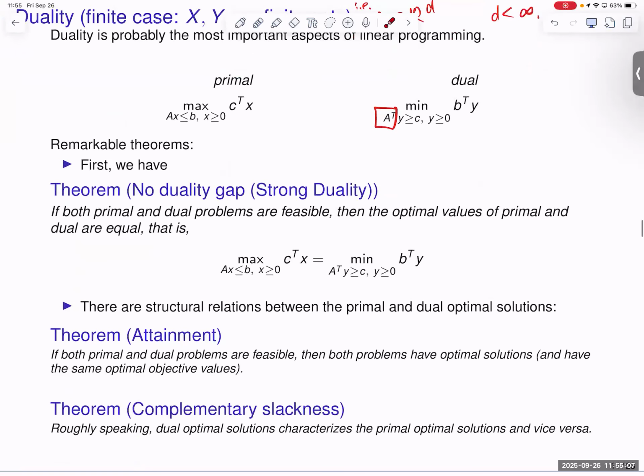And then the third theorem is the so-called complementary slackness. The name sounds funny. You will appreciate this name once you see the explanation. It just says that the primal problem and dual problem have optimal solutions when they are feasible, and their optimal solutions have a very nice relationship between them.